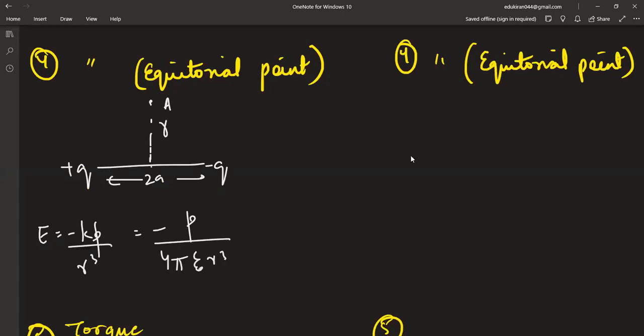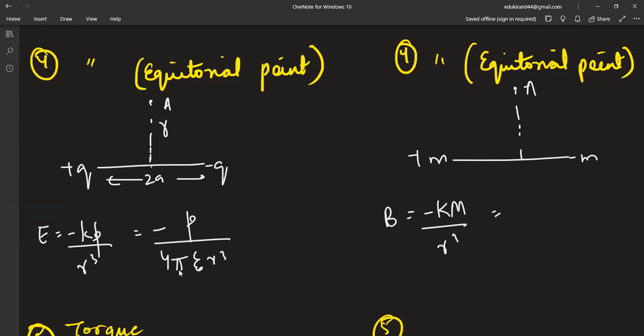So you'll convert each term. Here also you have plus M, minus M. At this point, if you are calculating, the magnetic field will also be minus KM by R cube. Convert every analog: 1 over 4 pi epsilon naught becomes mu naught by 4 pi, P becomes M, by R cube with minus M.